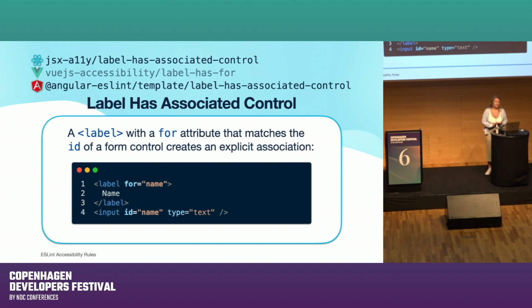Static code analysis works best with nested controls where the implicit association can be validated within a single node. It's often better to prefer these implicit nested label associations wherever possible anyways, because with for and ID, you also must take care to guarantee the uniqueness of IDs throughout your page.